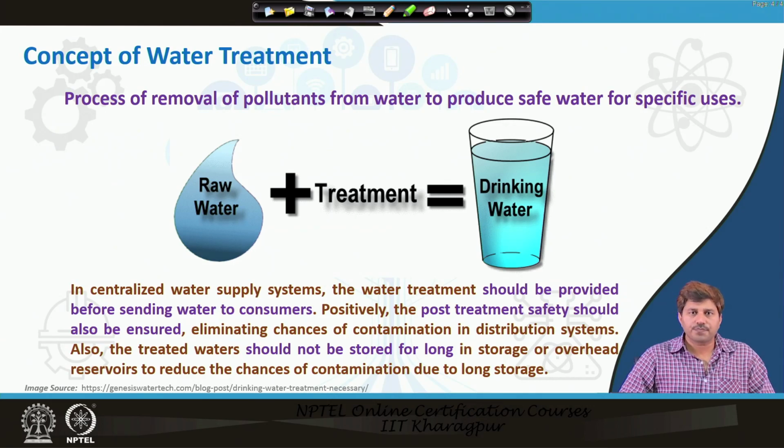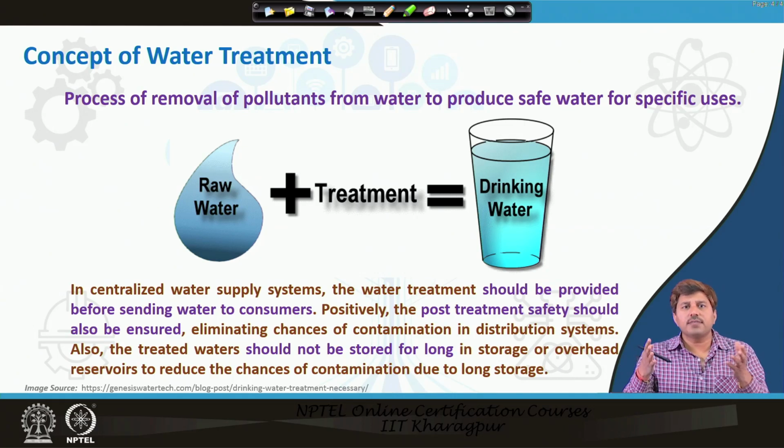So, generally the criteria for municipal water supplies is to meet the drinking water standards. Traditionally we have raw water, and as we have discussed earlier, the raw water available in our sources is probably not good enough to be consumed directly. So, we need to provide certain treatment in order to convert that to drinking water.